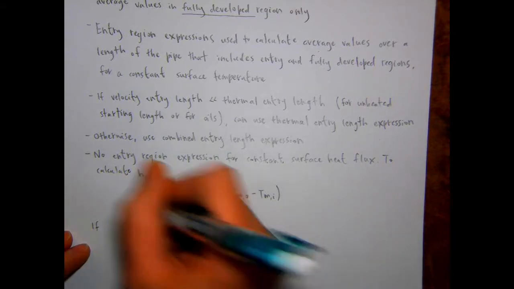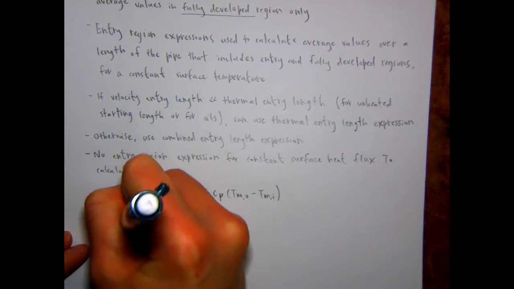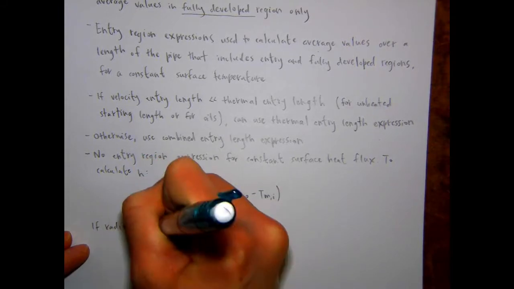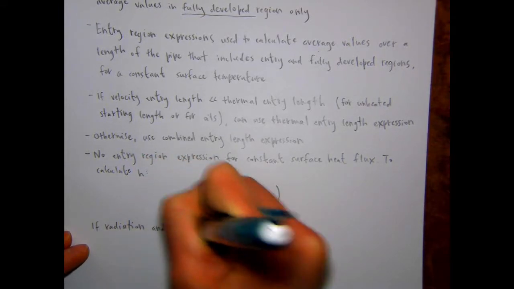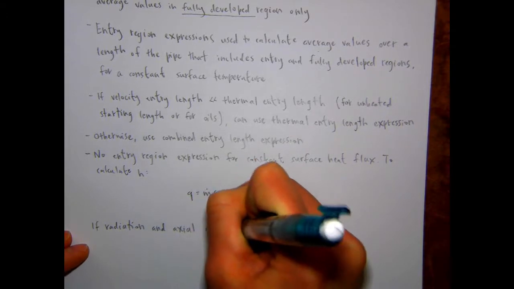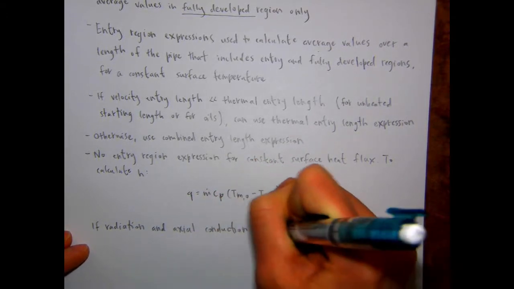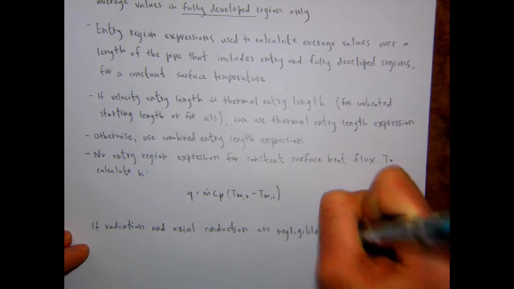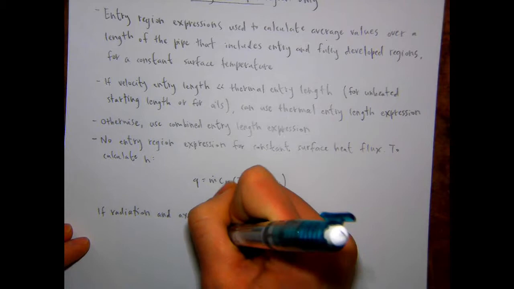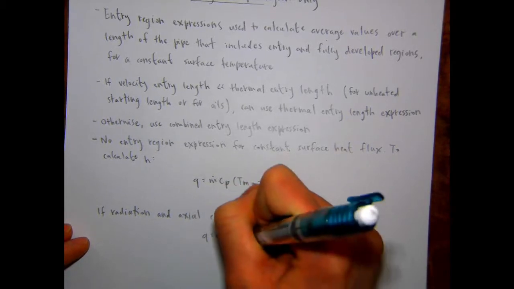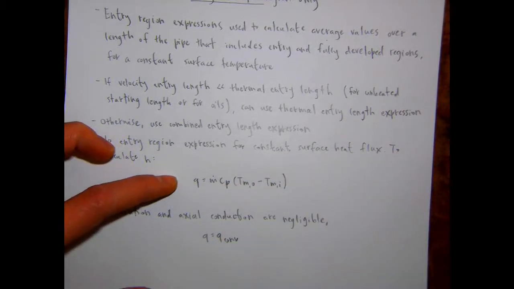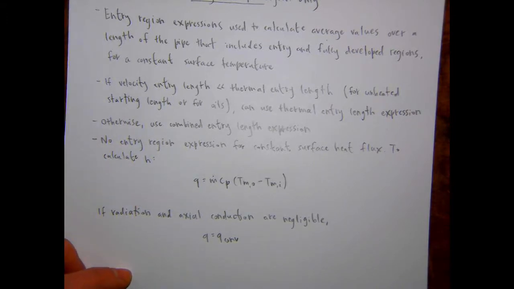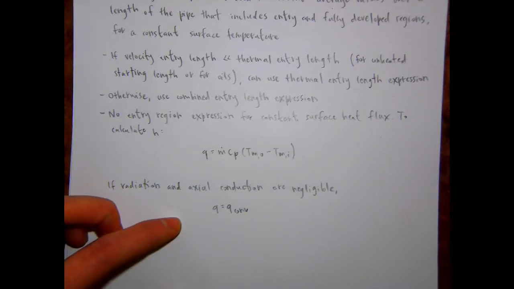And if we neglect radiation, so if radiation and axial conduction are negligible, then this Q is going to be only due to convection alone. That's the only mode of heat transfer that could be occurring in or out of the fluid in the pipe.